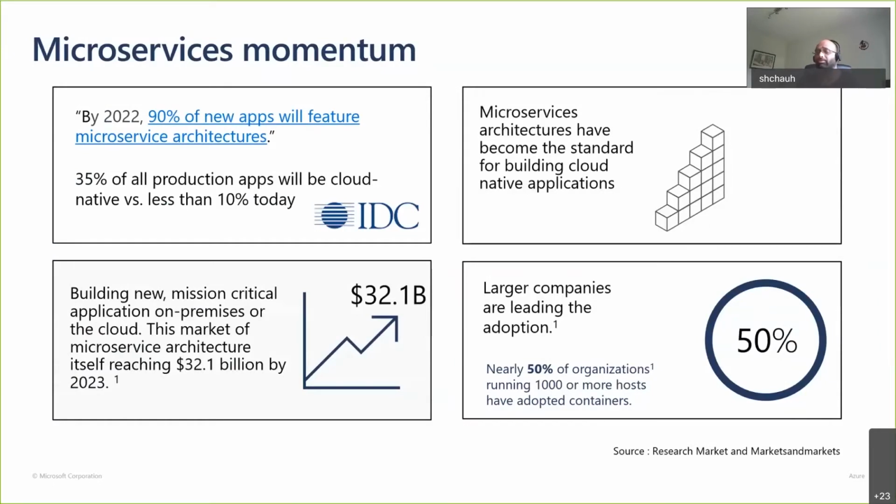Second thing is that if you hear about any new startup or any new project, they might be considering this microservices architecture. So that's why building your application in a microservices way so that your application becomes cloud native is a very good approach.